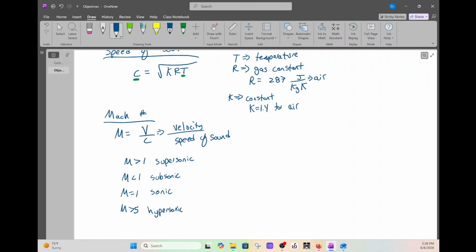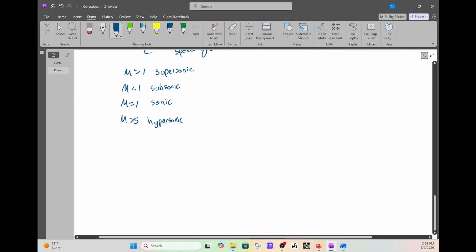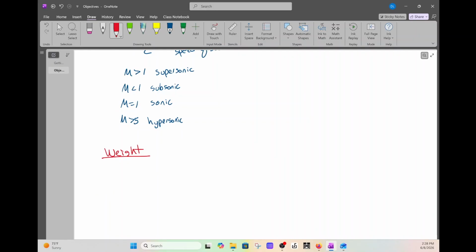All right, a couple other things. I'm going to do this one first. Let's look at weight and units. I kind of threw some units in here previously.